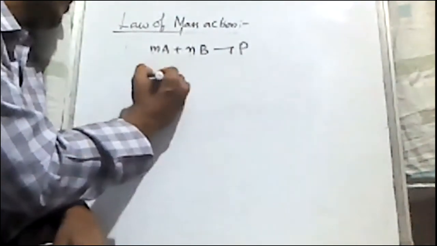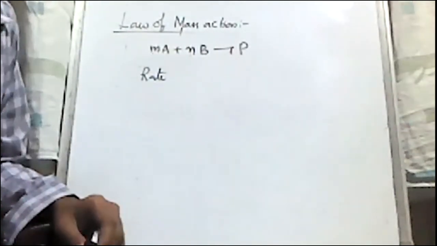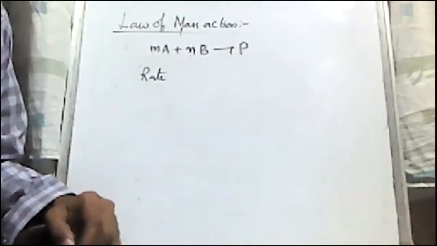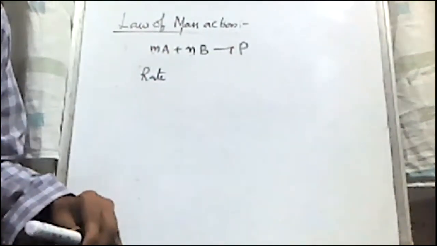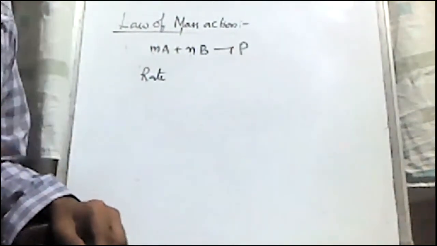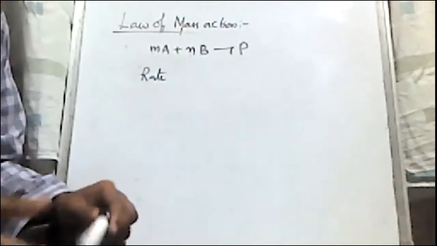Now, if we apply this law of mass action to the above reaction, then what will happen? According to the law of mass action, the rate of a chemical reaction is directly proportional to the product of the concentrations of the reactants, which are raised to their corresponding stoichiometric coefficients in the balanced equation.